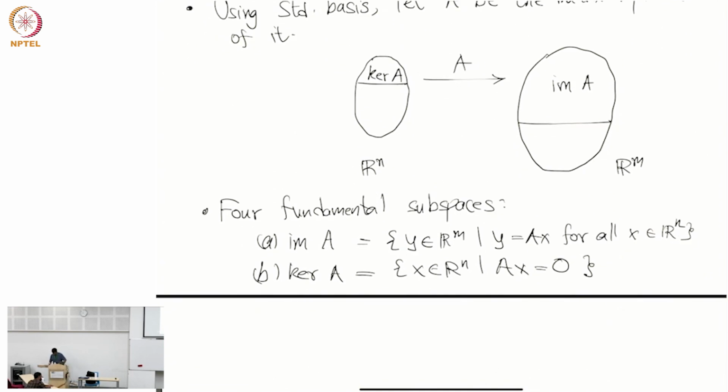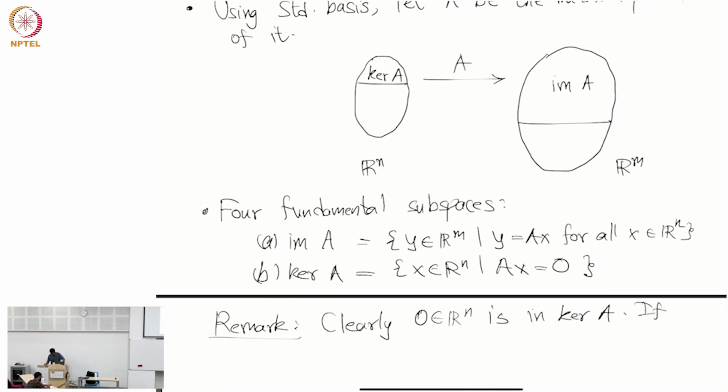So as a remark, clearly 0 is in the kernel. The 0 vector in Rn is in the kernel of A, because A times 0 is going to be 0.